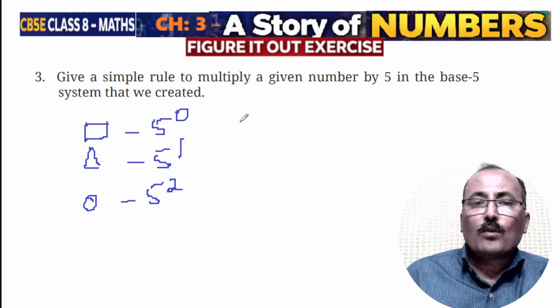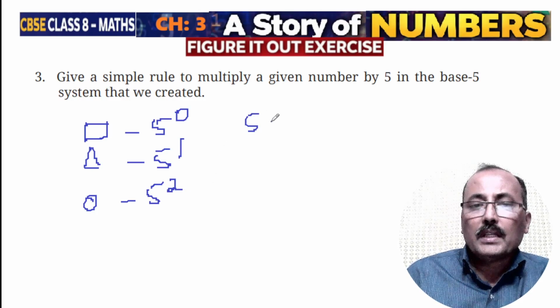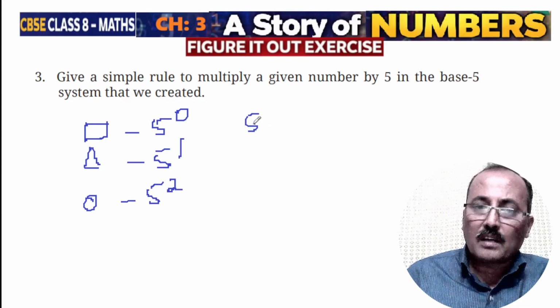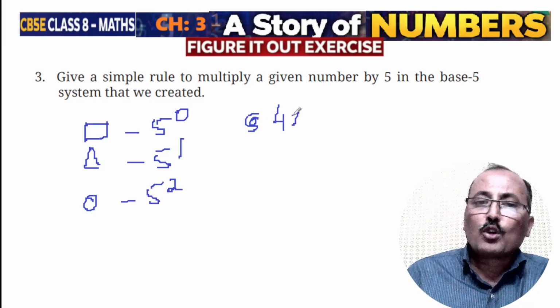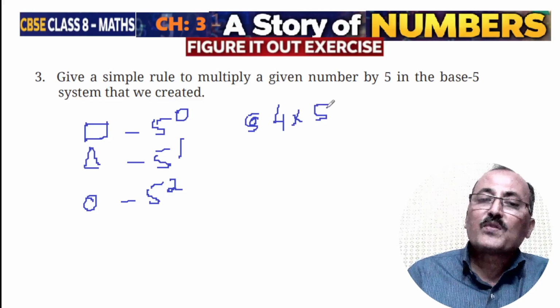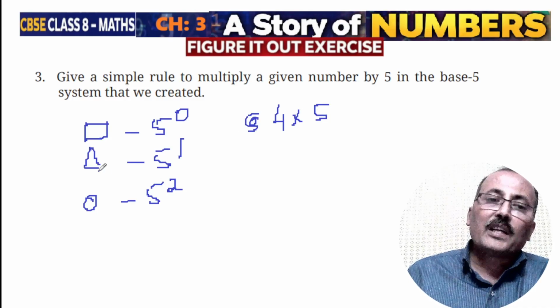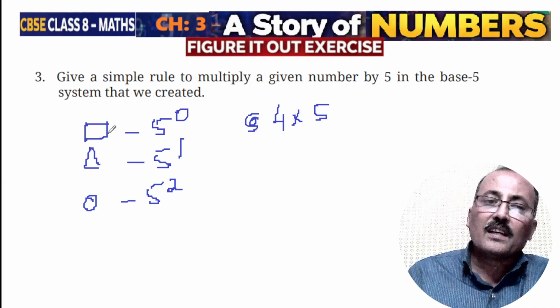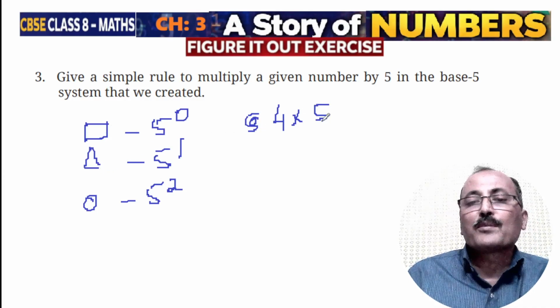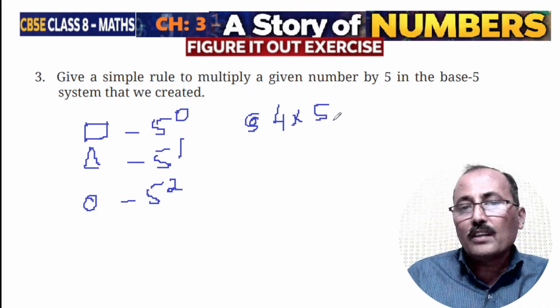Now suppose I have the number 4 and I am going to multiply it by 5. That means 4 will become 5 times, so we are going to write this 4 five times. That means totally 20.